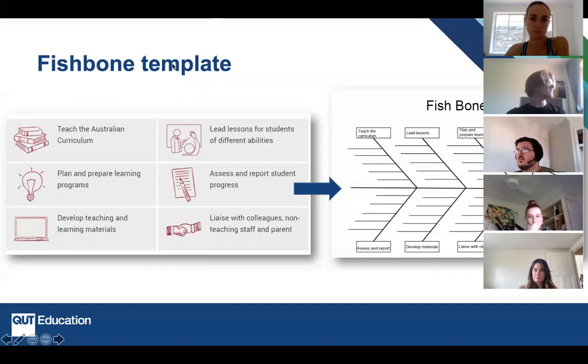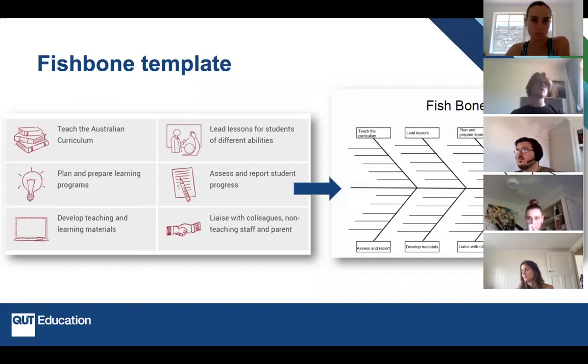Okay, so as a preparation activity for the lecture and also for the workshop, you were asked to complete the fishbone template. So it was around thinking about the different actions that a teacher might do in each of the categories from the Queensland Government site that we outlined. So what teachers do.